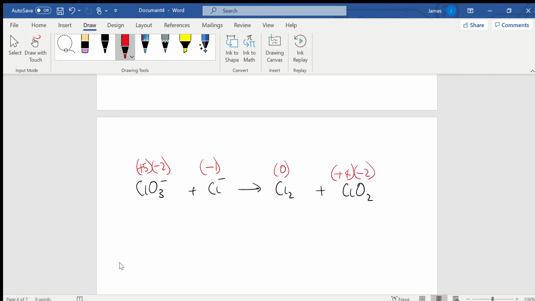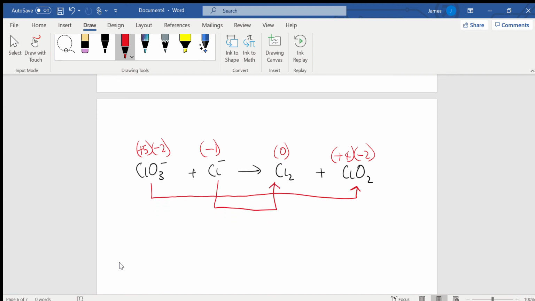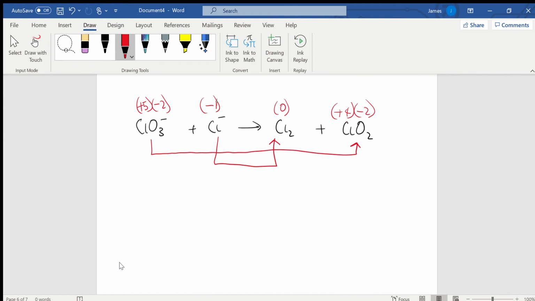We're only interested in the things that are changing, because again, we're not interested in balancing equations in this video. That would be for another video. So let's look at the chlorine. So let's draw our half equations. We have Cl in the +5 oxidation state, giving Cl in the +4 oxidation state.